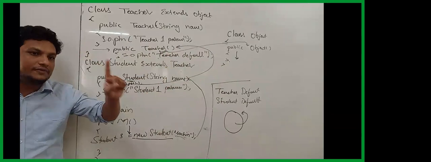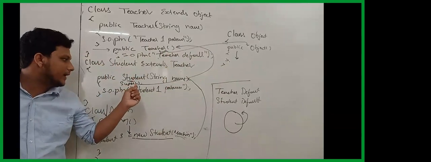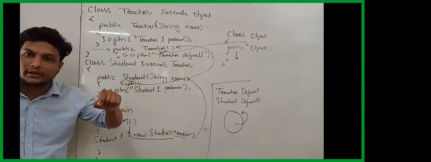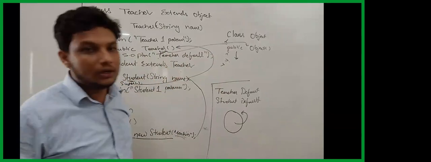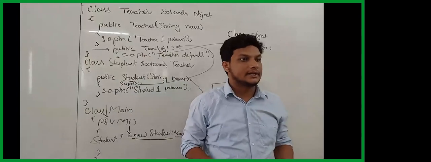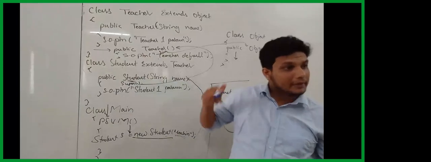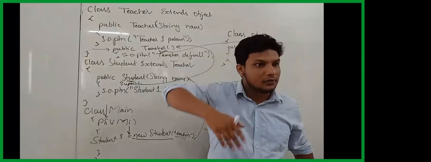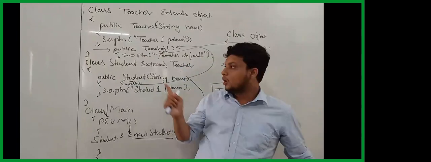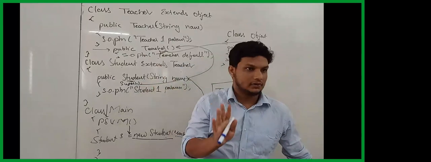Remember, the JVM will automatically make a super call only to the default constructor of the parent class, but it will not make a call to the parent class parameterized constructor. If you want to call the parent class parameterized constructor, the user should do it manually; it will not happen automatically.